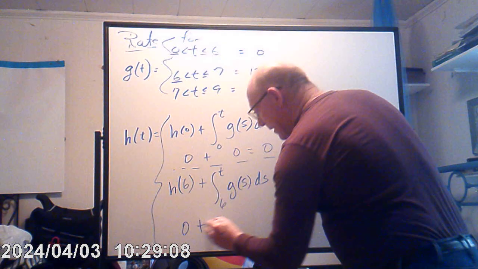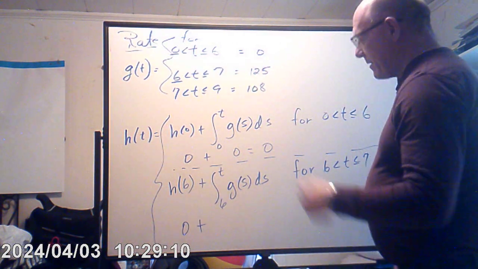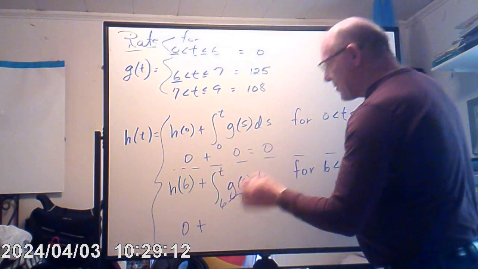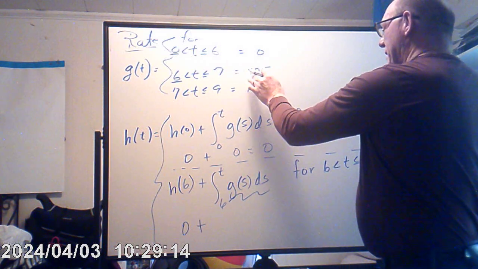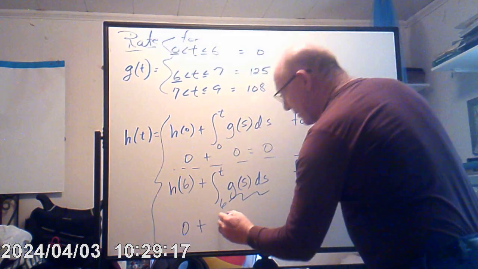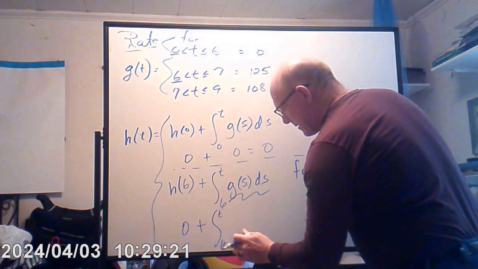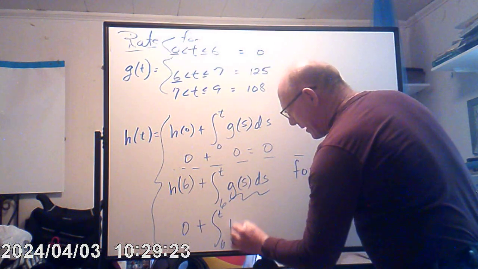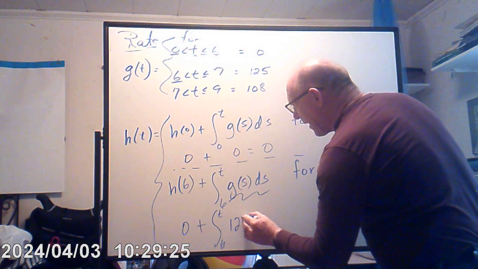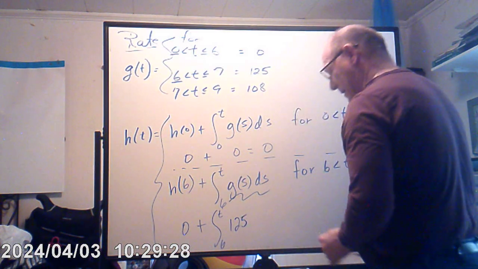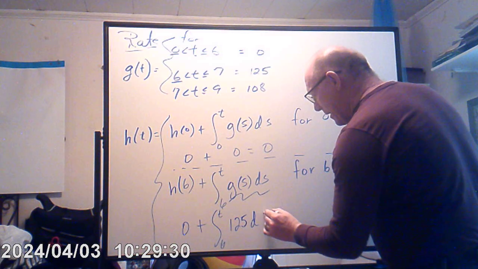So plus, now, she has accumulated, this is the rate, so from 6 to t, this would be 125 ds, right?